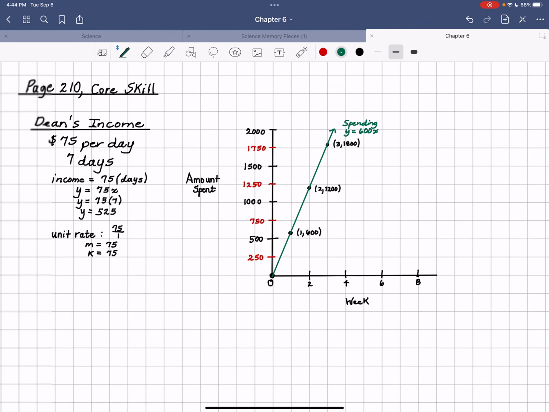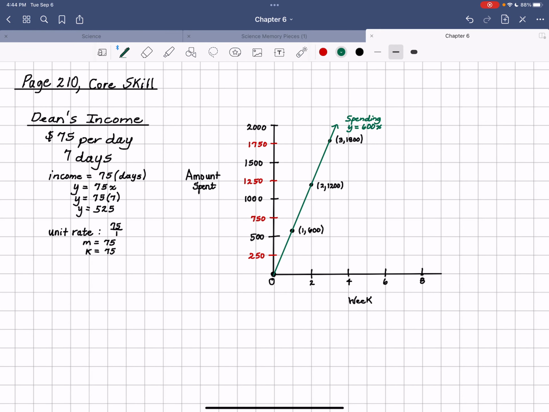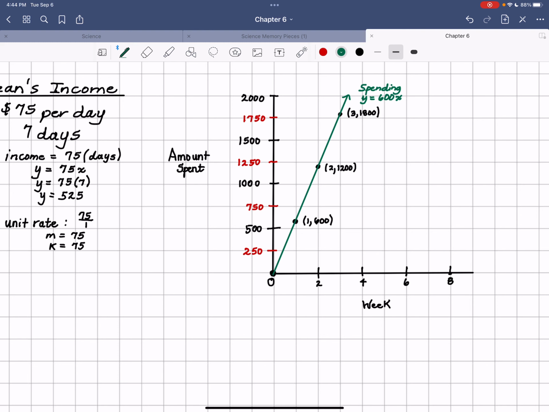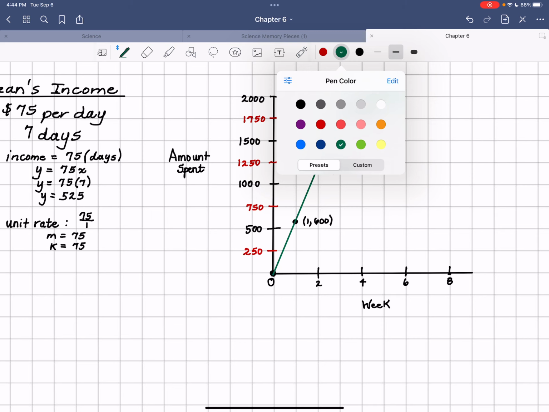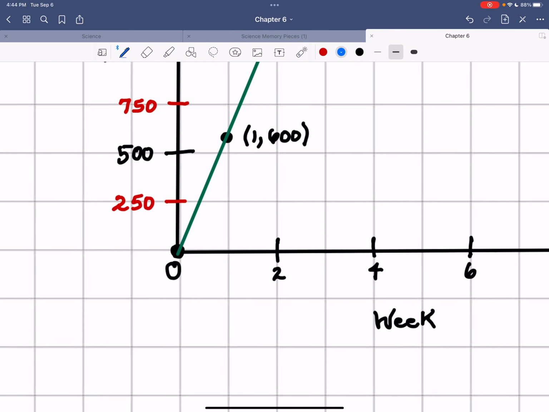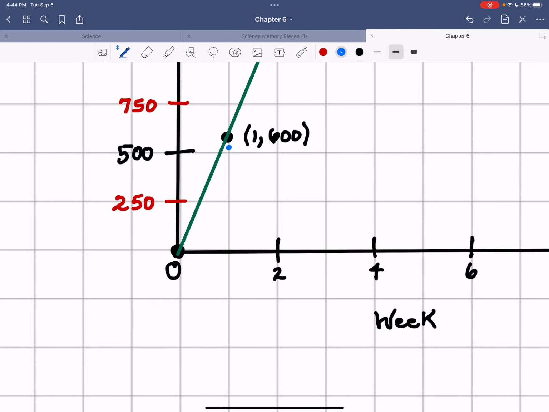Now let's graph his income. Remember, for 1 week, his income was $525. Let me change color here. So week 1, his income was about right there.